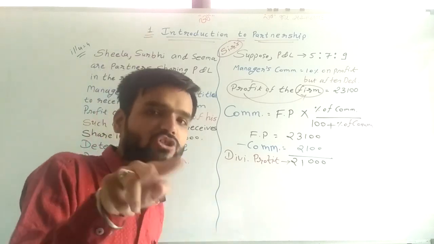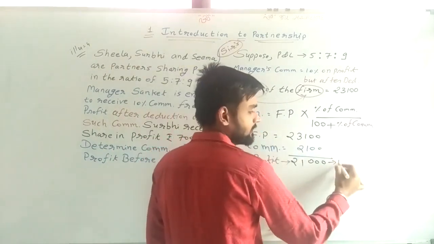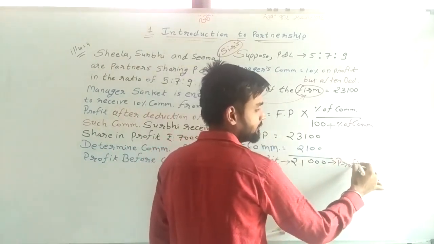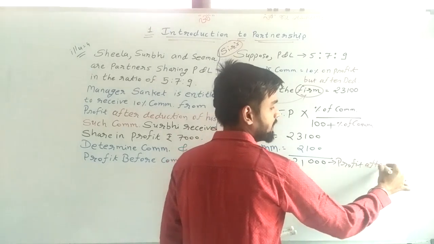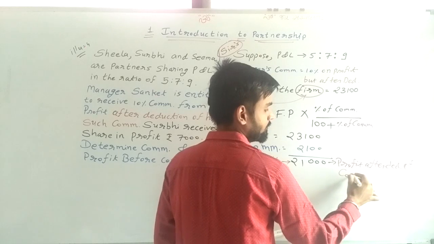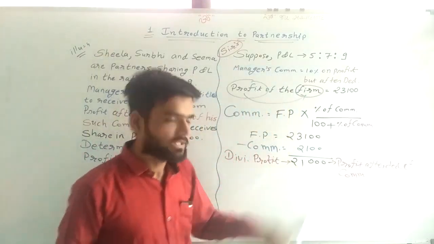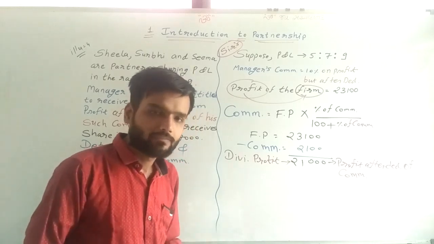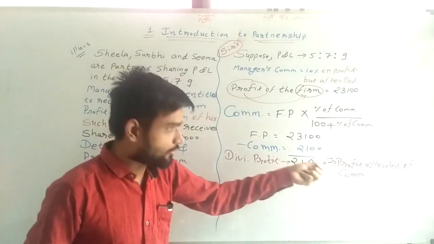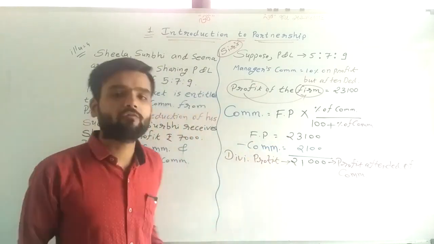Profit after deduction of commission. That is its second name. So 21,000 is the profit after deduction of commission, 21,000 is the divisible profit.